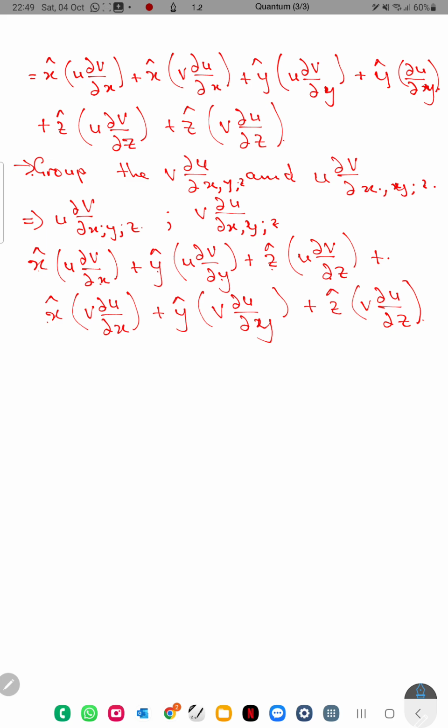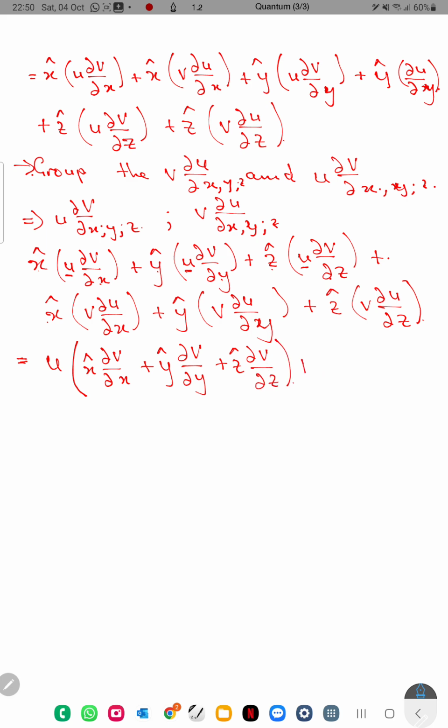Then after that, if you look very carefully, we can take out the u outside from the first group. So we take out the u and put a bracket: x dv over dx, plus y dv over dy, plus z dv over dz.